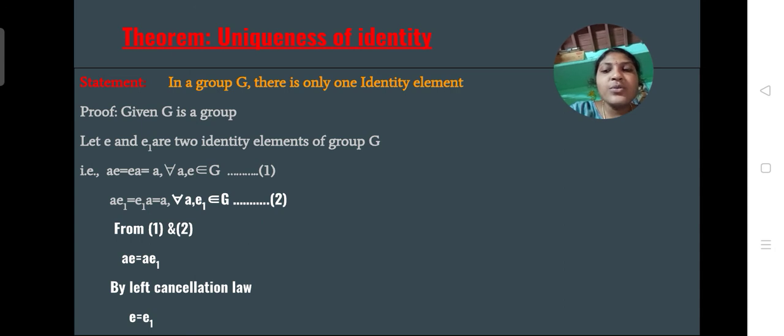To prove only one identity element, we compare with another identity element, so for that we have to consider two identity elements in a group.